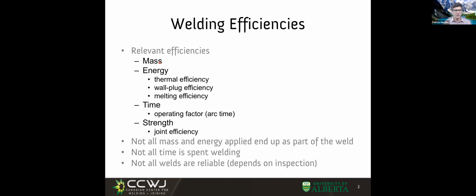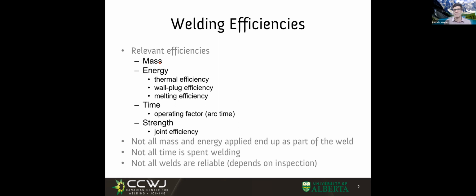And we went into quite a bit of detail on how this mass efficiency relates to the metal transfer mode, and to the type of consumable, whether flux core, metal core, or solid. We saw how it relates to the shielding gases.